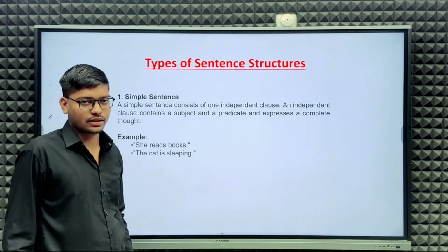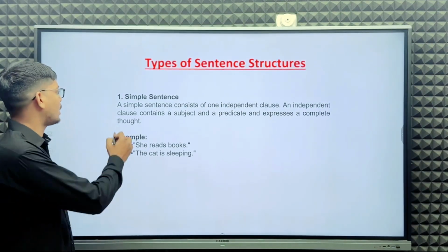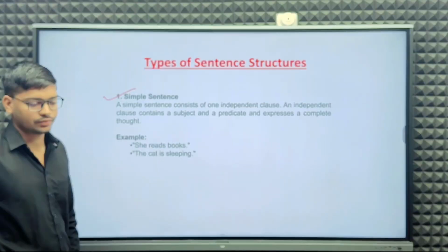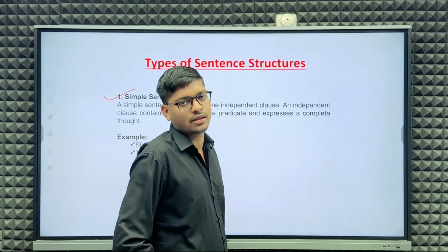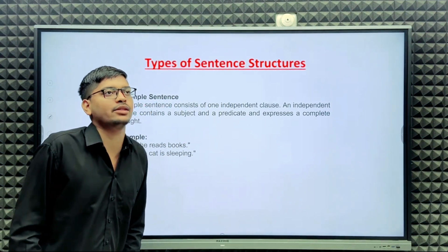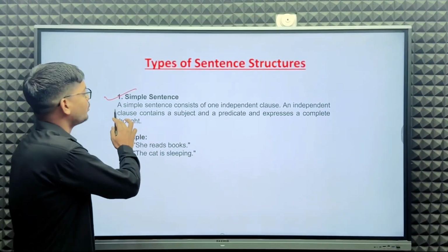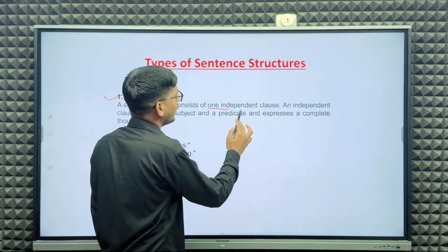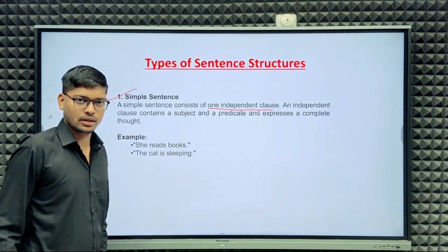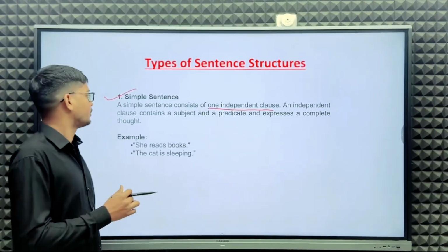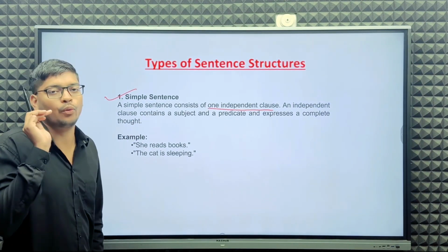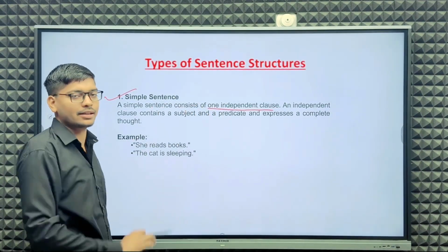Types of sentence structure. The first type is simple sentences. A simple sentence consists of one independent clause.